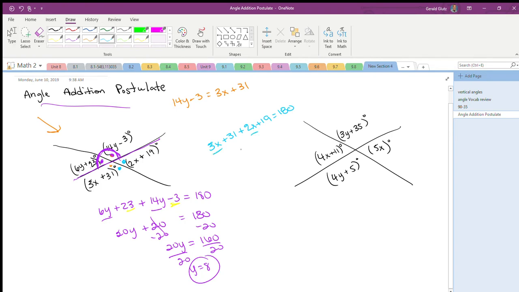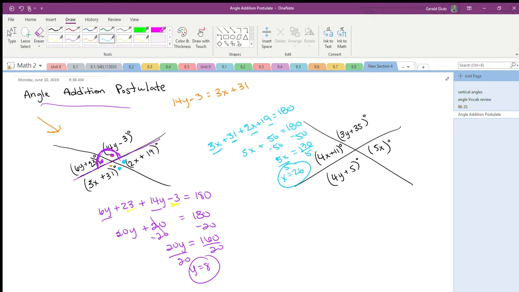So 3x and 2x is 5x. 31 and 19 is 50. That all equals 180. So subtract 50 on both sides. So 5x is equal to 130. Divide by 5, so we got x equals 26. So we just solved for x and y.